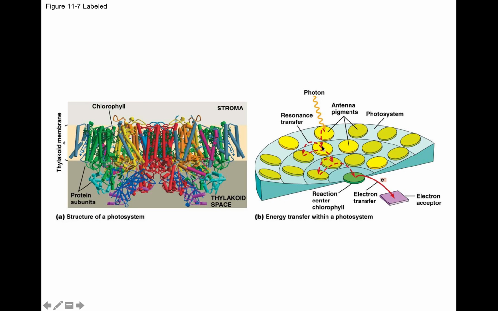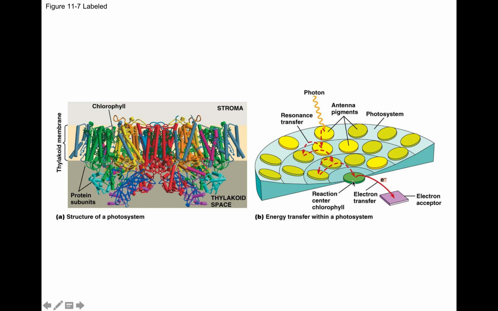The second one, their electrons get excited, go to a higher energy level, back down to the original energy level, and that bounces back and forth until eventually they're going to be in proximity of what's called the reaction center chlorophyll.